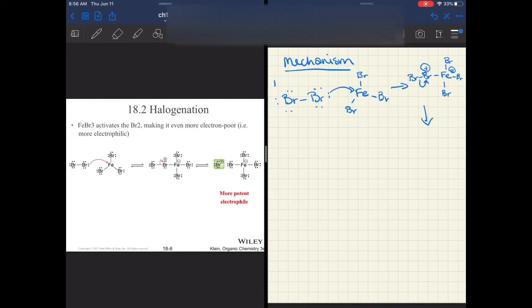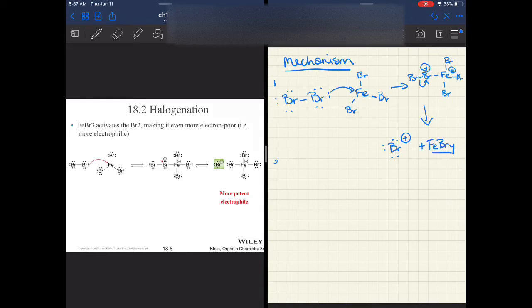So we wind up with Br plus. Now this is a very strong electrophile, and we also have FeBr4 minus. This is going to come back in a little while because remember, a catalyst is not used up in a reaction. So we will see that guy again.